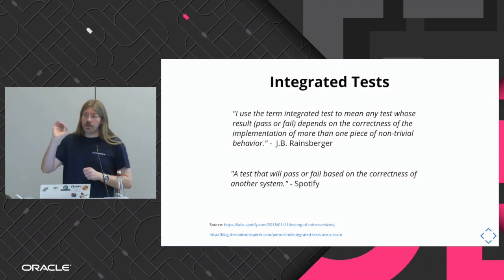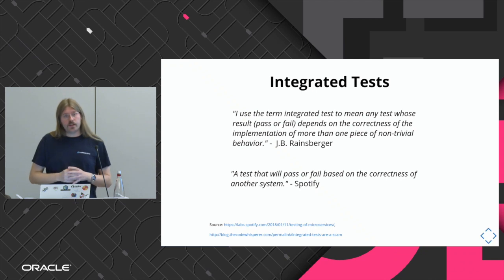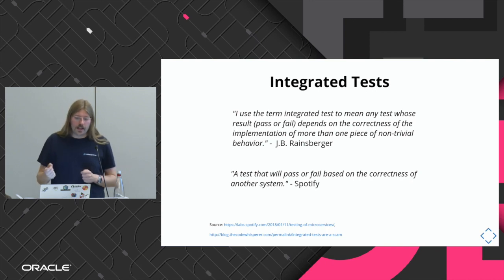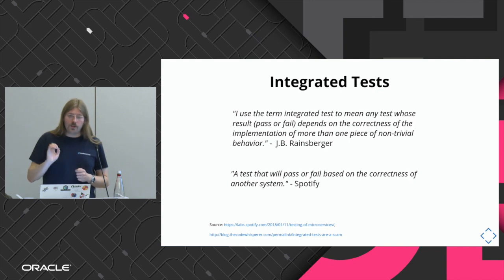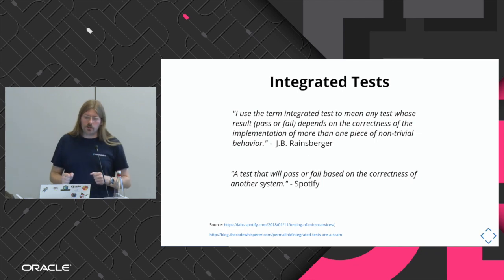But before we go further into the technical details, I want to have one more thing defined because I think it's really valuable to think about tests in this way. And this integrated test thingy. In the Spotify blog post, there was a link to the definition, and the definition was probably originally from J.B. Rainsberger, who is a prominent figure in the TDD and software craftsmanship community.